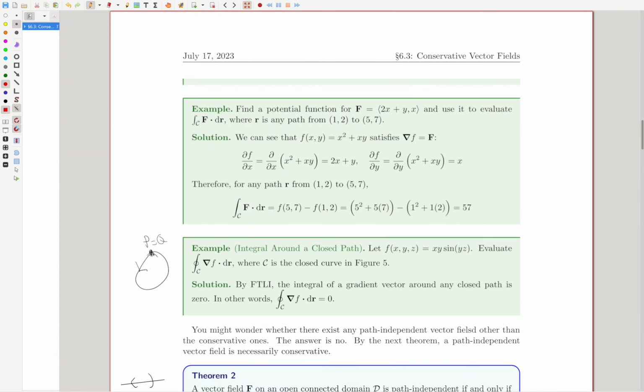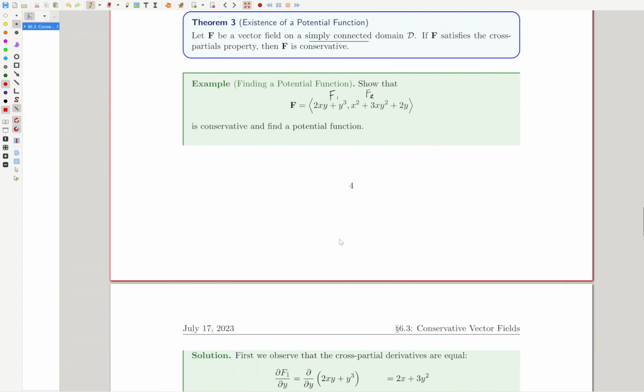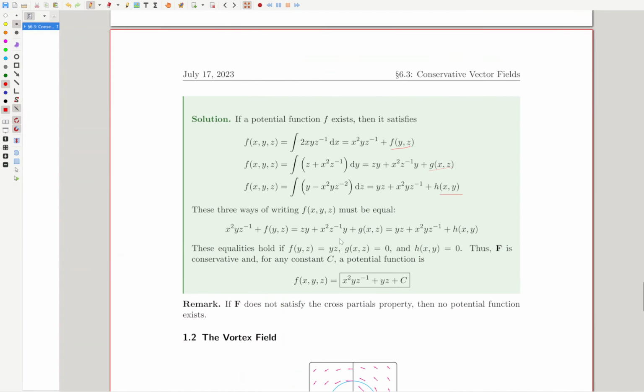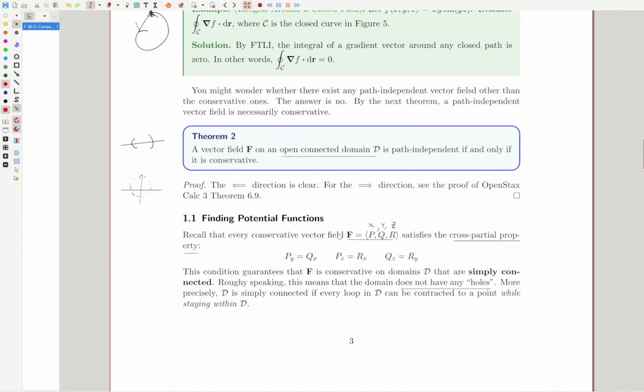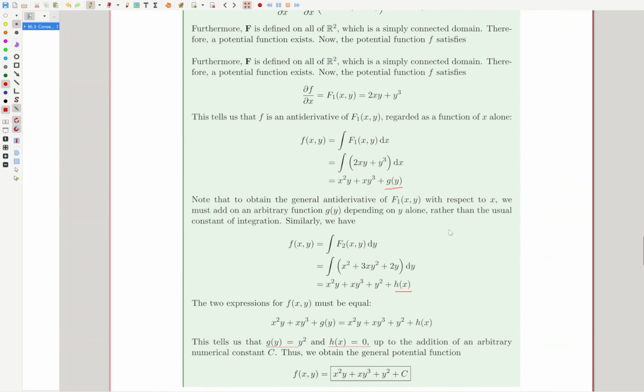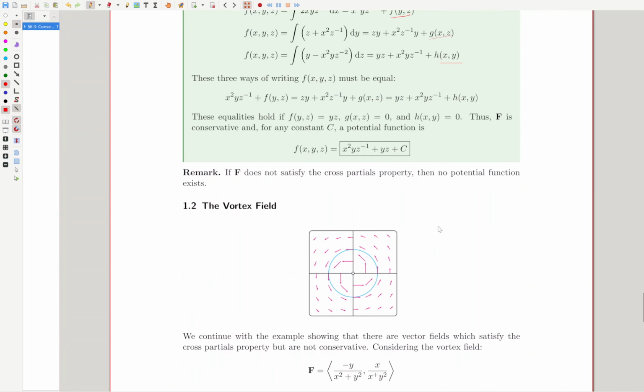If any one of these three equations is not satisfied for that given vector field, then you know right away that the vector field has no hope of being conservative. It is definitely not conservative. So that can be a useful check to make at the very beginning of your computation.